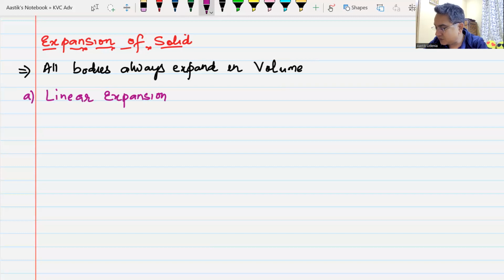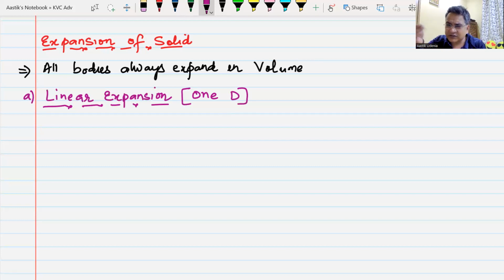But remember, all solids expand in volume. We are just taking linear expansion. So we are assuming these are only 1D bodies. One dimension is very large, thin wire, thin rods, these type of bodies. One dimension is very large and the other two dimensions are very small. Do we understand this?